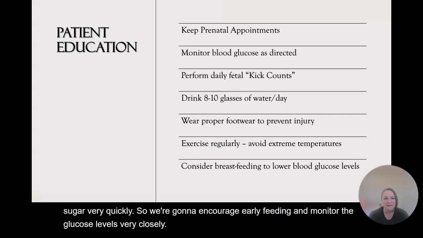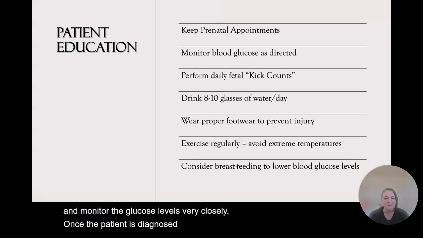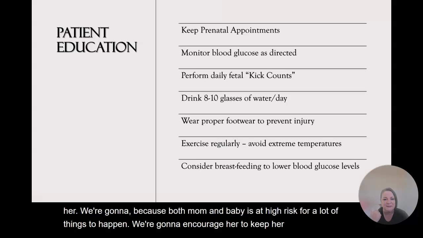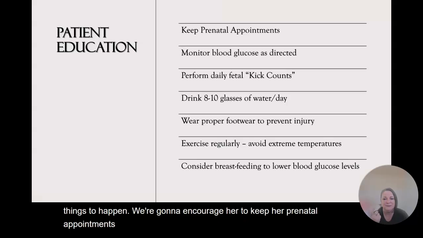Once the patient is diagnosed with gestational diabetes, we need to educate her. Because both mom and baby are at high risk for a lot of things to happen, we're going to encourage her to keep her prenatal appointments, monitor her blood glucose as directed, and perform those daily fetal kick counts.